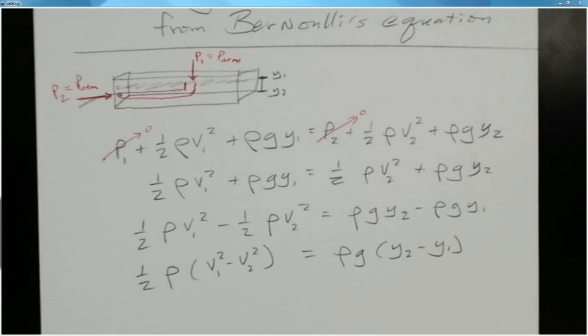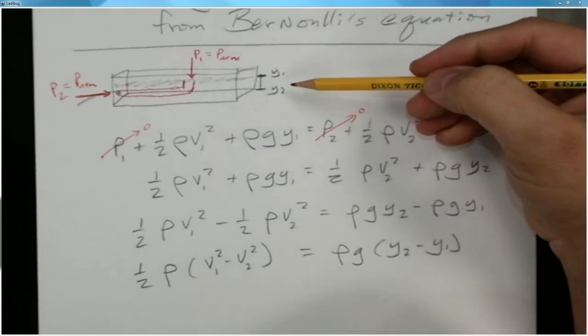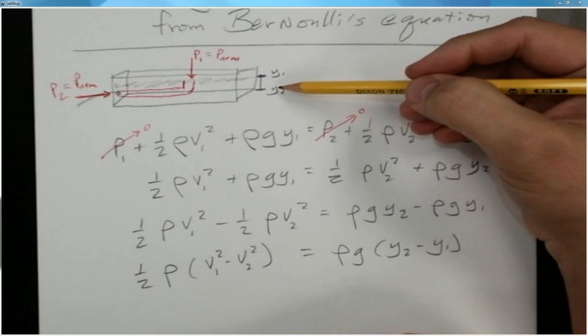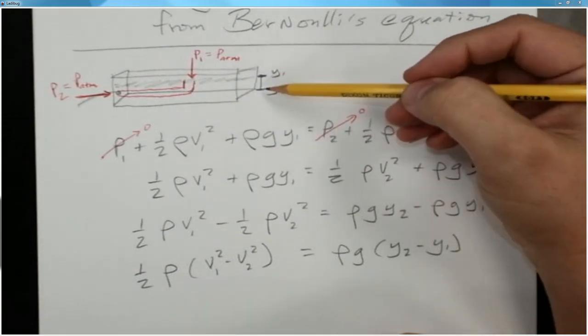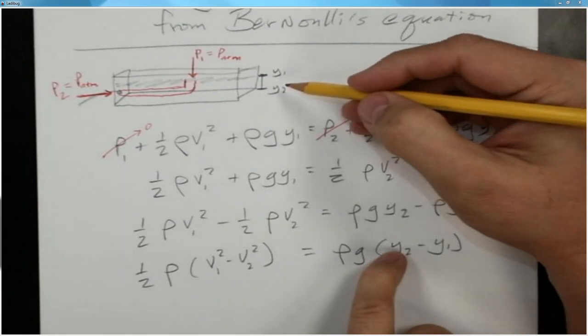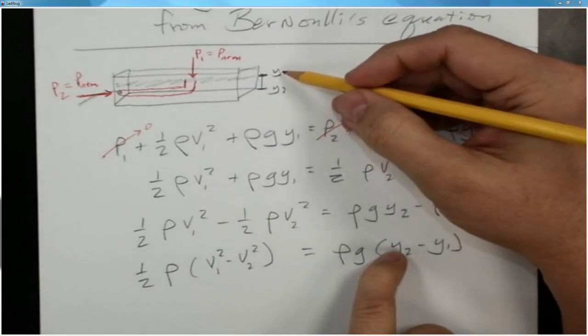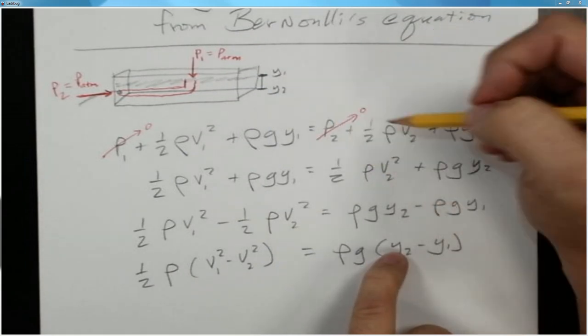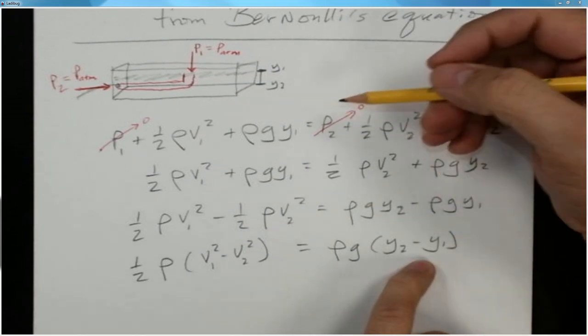You can set the origin wherever you'd like. When you're dealing with heights, it's pretty common to set the origin down near the bottom. So if you set the origin down at y2, that would make y2 0, and then it would be 0 minus y1.